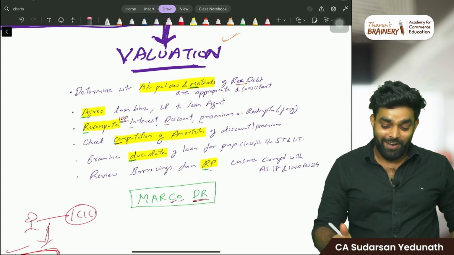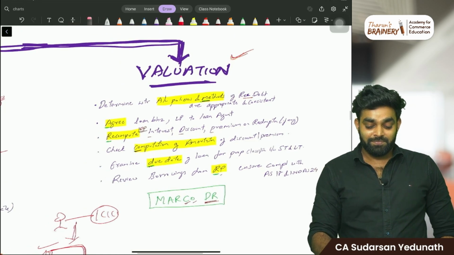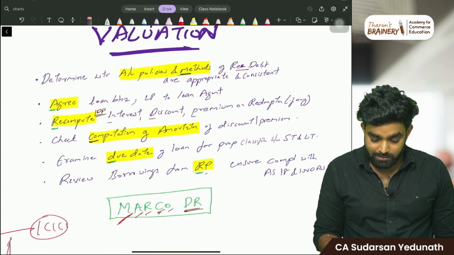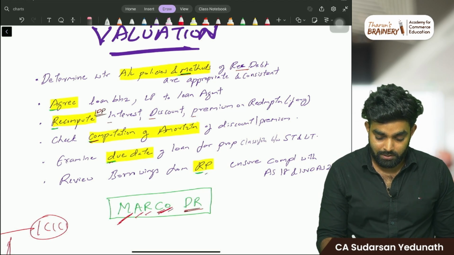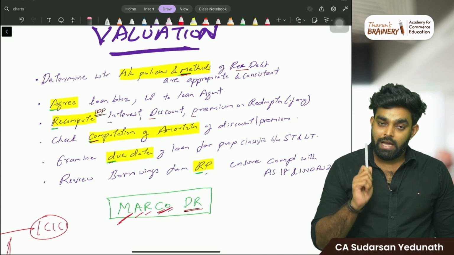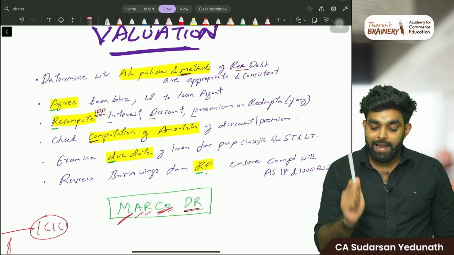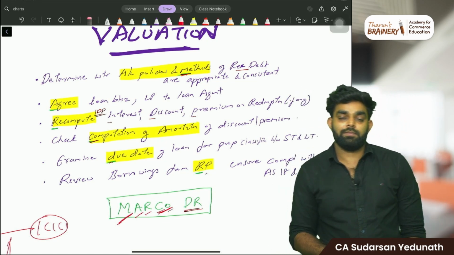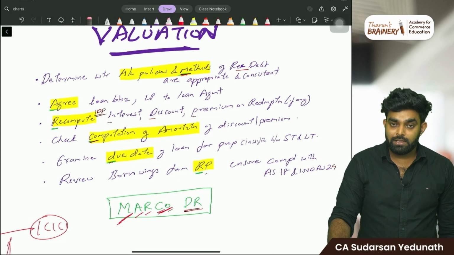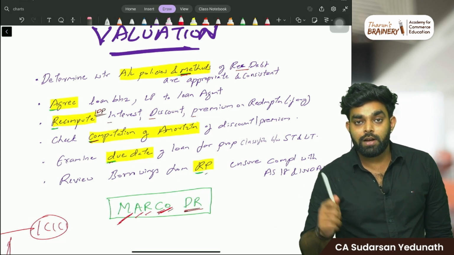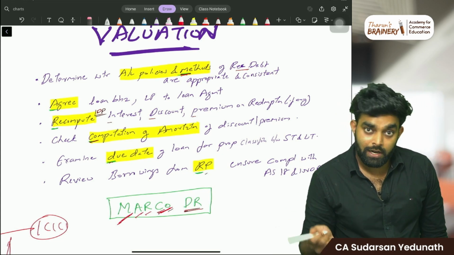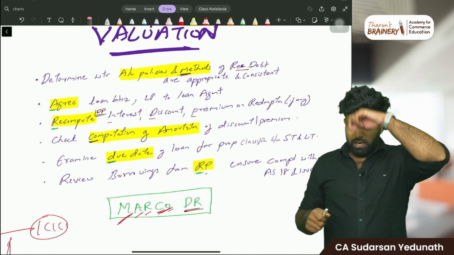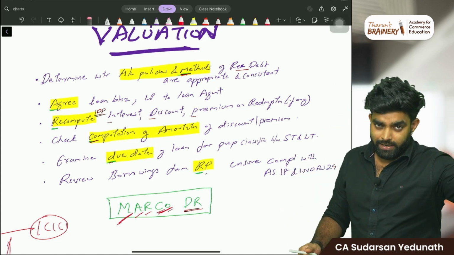So, valuation. Determine whether Marco, M is first, A-R-C-O, then Doctor. M: determine whether the accounting policies and methods of recording debt are appropriate and consistent. When you are recording a borrowing, you have to follow certain accounting policies and methods.